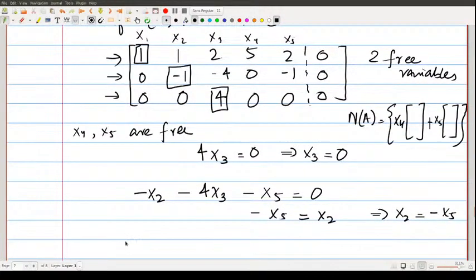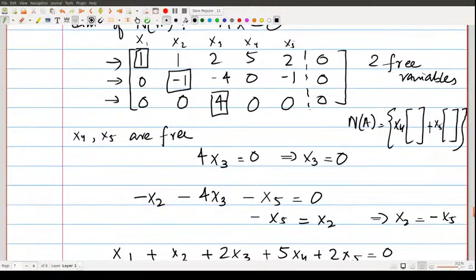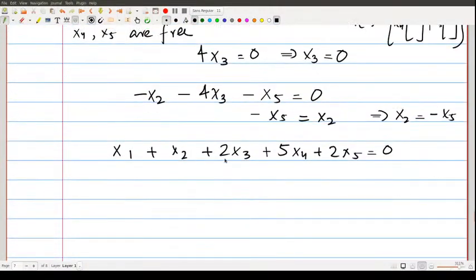The first equation, rather, is telling me x1 plus x2 plus 2x3 plus 5x4 plus 2x5 is equal to 0. Let's solve this equation. I can get rid of x3 because that's just 0. And x2 is minus x5, so I have x1 minus x5 plus 5x4 plus 2x5 equals 0.